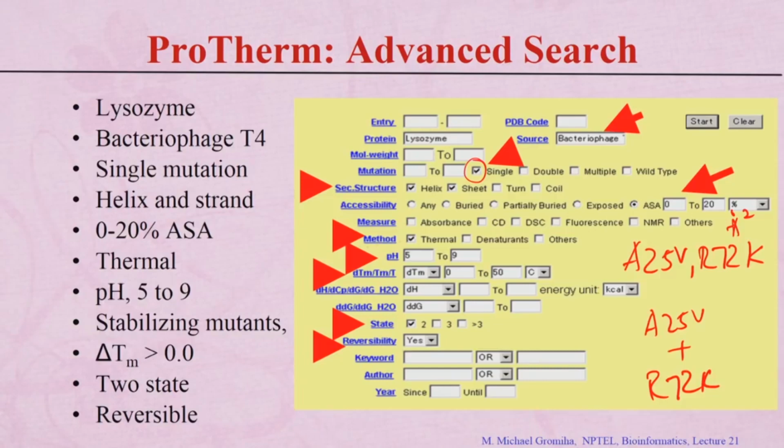Then the method and pH you can define. Because neutral pH, I put 5 to 9. Then the delta Tm or Tm, for example, if you want to identify only the stabilizing mutants, in this case you put delta Tm or delta G H2O or delta G, which should destabilize, then should be minus values.